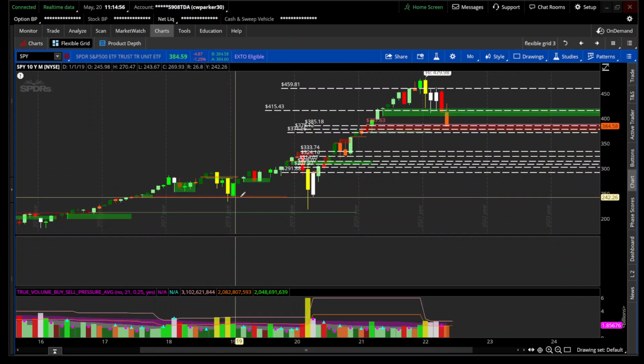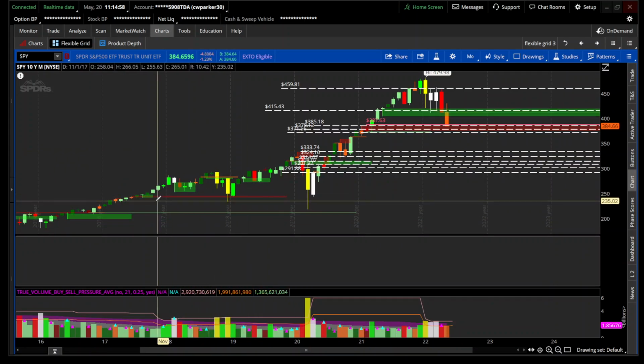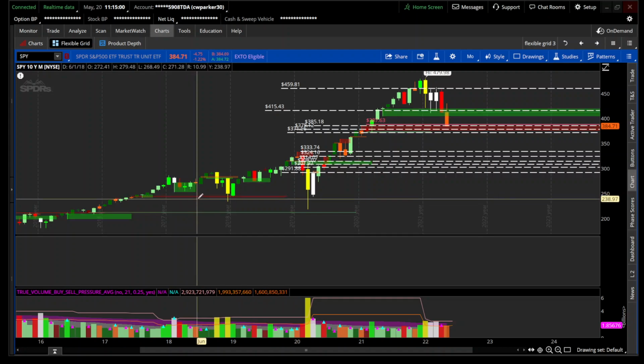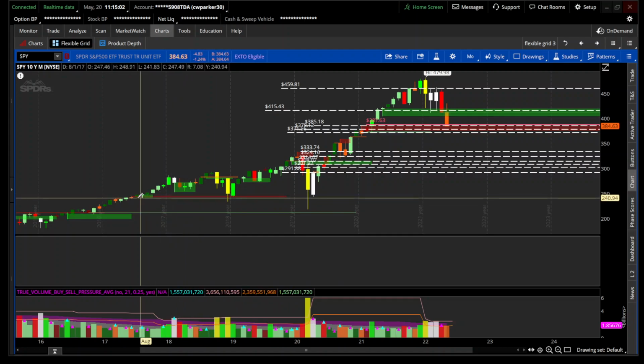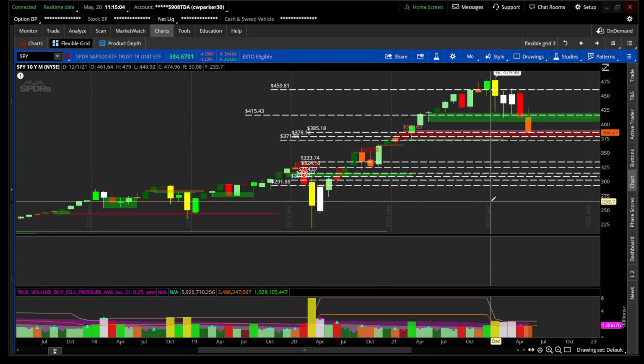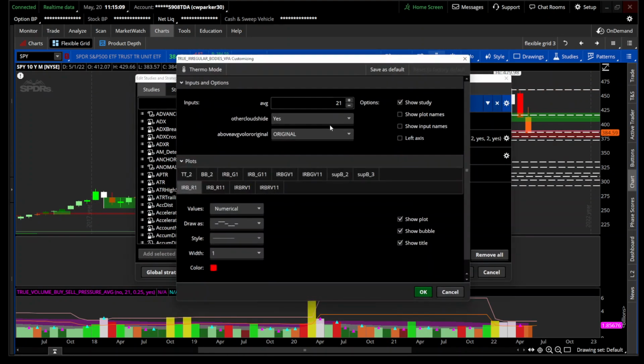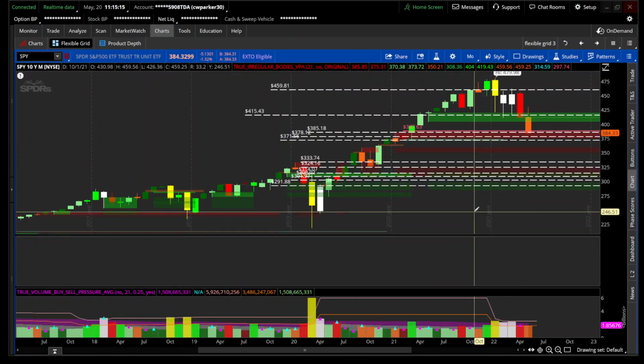And you can actually see right here, everything stopped on this point with this cloud over here on this irregular body. So one of the other features of the indicator, you can actually add those extra lines to it, just like you can on the previous indicator.